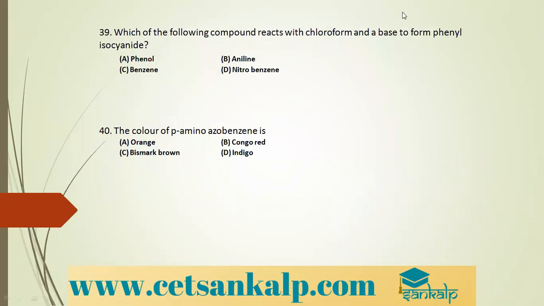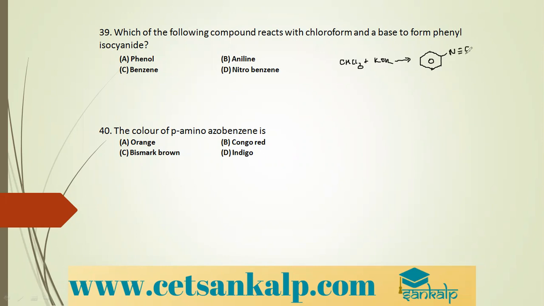Next question. Which of the following reacts with chloroform and a base to form phenyl isocyanide? See, there is chloroform, CHCl3, plus a base, let me say KOH. It is going to form phenyl isocyanide.